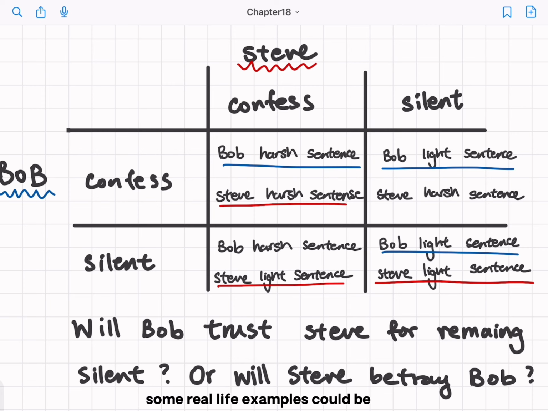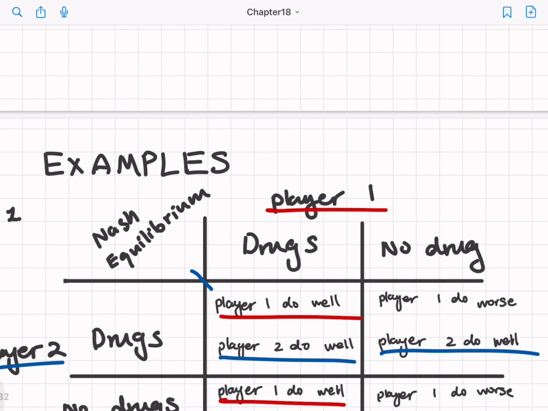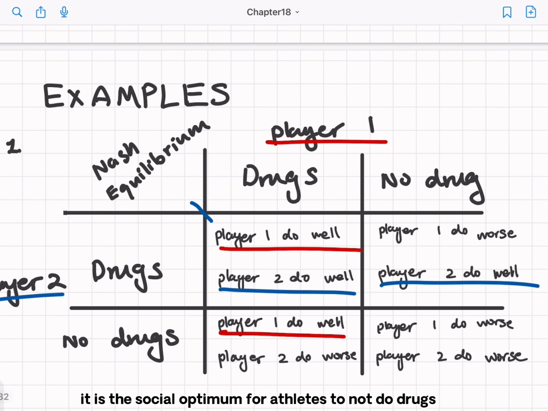Some real-life examples could be in the case of performance-enhancing drugs. It is the social optimum for athletes to not do drugs, since they risk getting caught and banned from attendance. However, since every athlete wants to win the championship and get a high score, they will risk getting caught in order to potentially obtain this higher payoff, rather than not doing drugs.